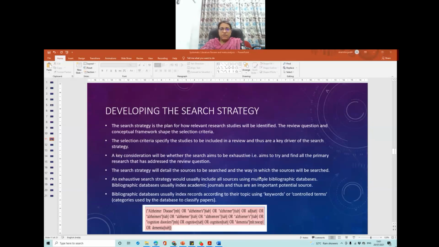So we have Embase, we have Cochrane, we have PubMed, we have CINAHL, we have PsycInfo. There are multiple databases where these studies are indexed. So while doing a systematic review, multiple databases have to be considered for searching the relevant studies. Bibliographic databases usually index academic journals and thus are an important potential source. They usually index records according to their topic using keywords.